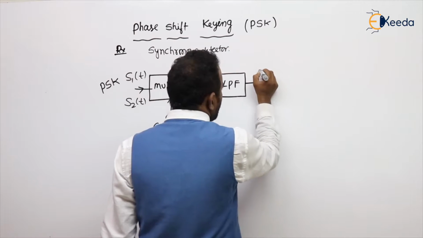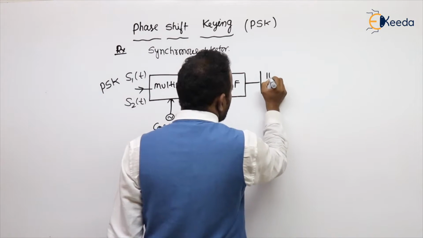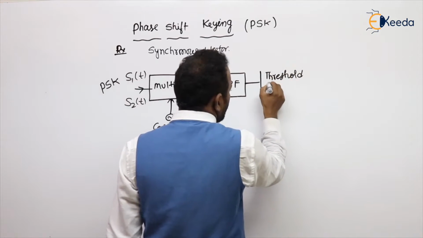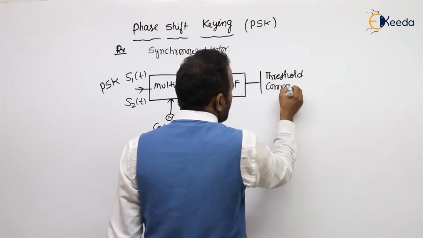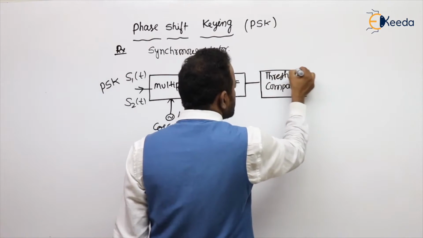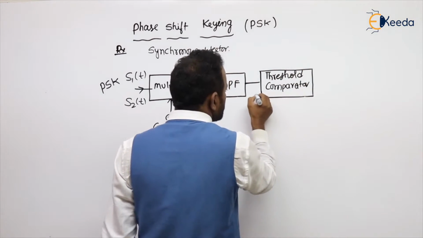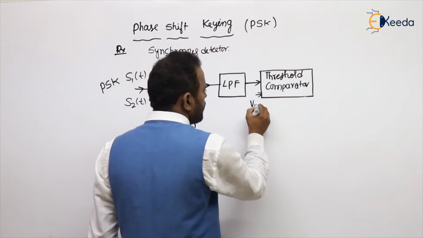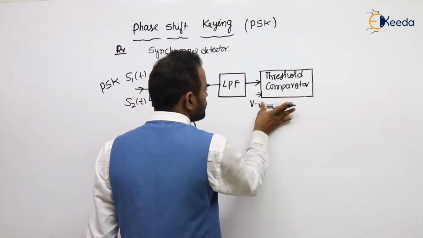What is the last block in all digital receivers? I told you, the last block is the threshold comparator. The threshold comparator has a specified threshold level. Let me call that specified threshold level VTH.